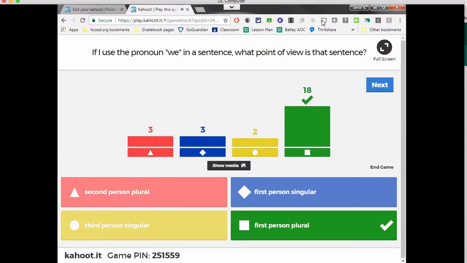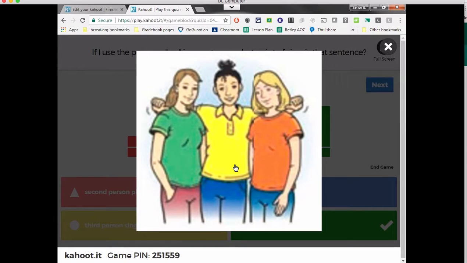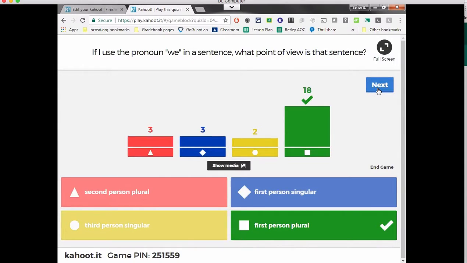I mean, look, the picture shows you more than one person in the picture. It's I plus some other people. So if I got Perry and I, that's two people. Dos personas. That's we. And it can be dos, it can be tres, it can be cincuenta. It's still we.